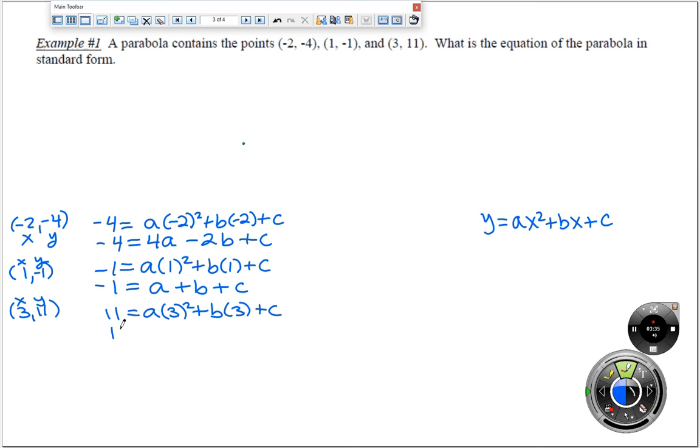So I would have 11 is equal to 9a plus 3b plus c.